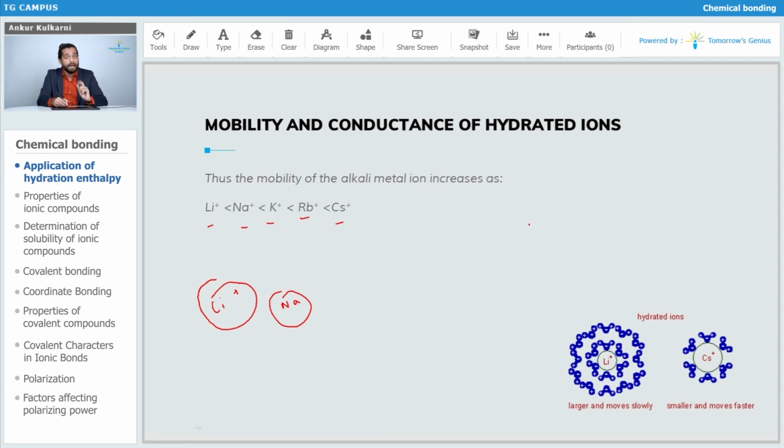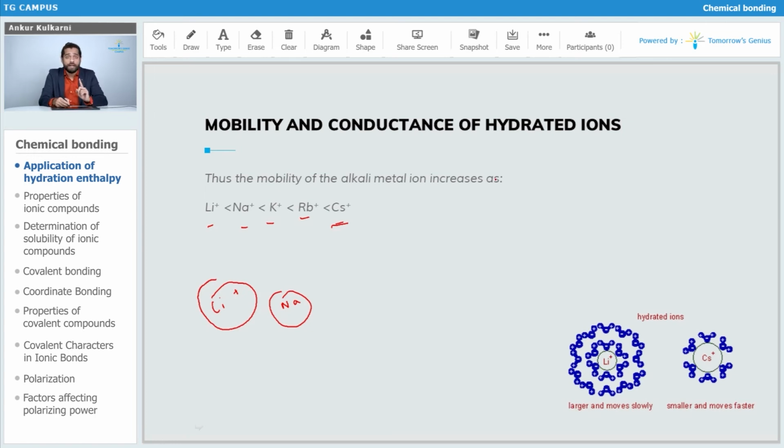So when we compare this among group 1, cesium will be having the least hydration. Why? Because cesium is the largest in size, it will attract fewer H2O molecules. Hence the hydrated ion will be smaller in size. So the smaller the size of the hydrated ion, the greater the mobility.